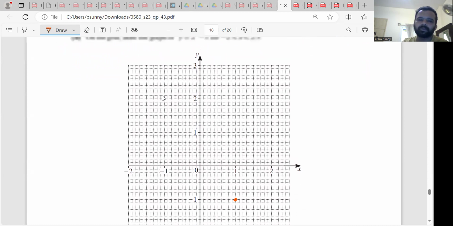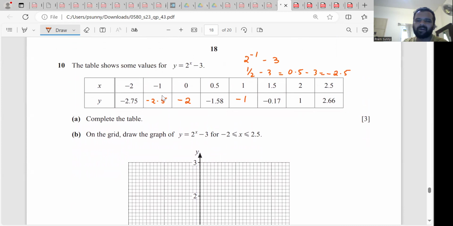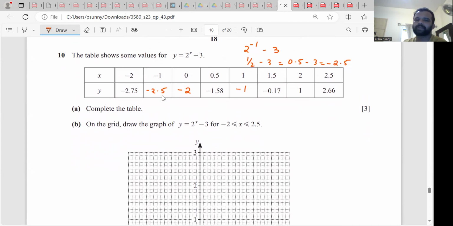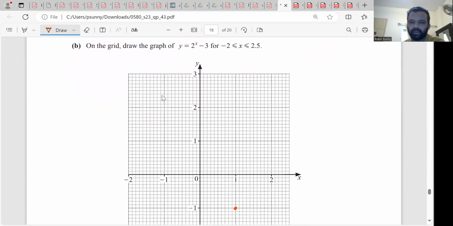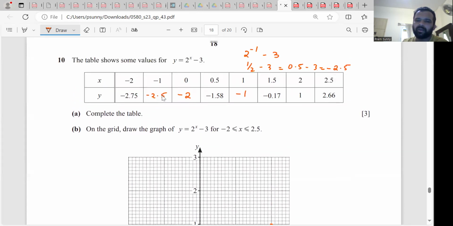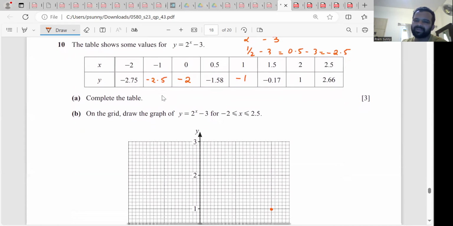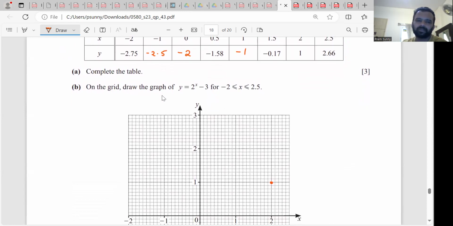This will be my point. And 1.5 comma minus 0.17, I ignore that because it's difficult. 2 comma 1, so I'll take 2 comma 1, 2 on the x-axis, 1 on the y-axis, and 2.5 comma 2.666, I'll ignore that. If I need that, I'll come back to it later.